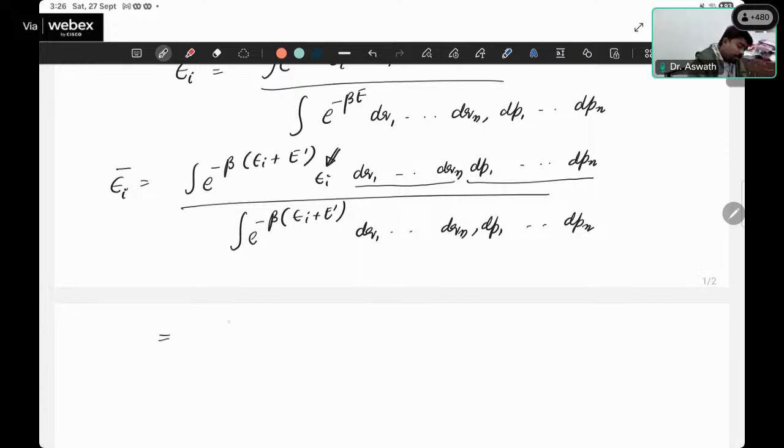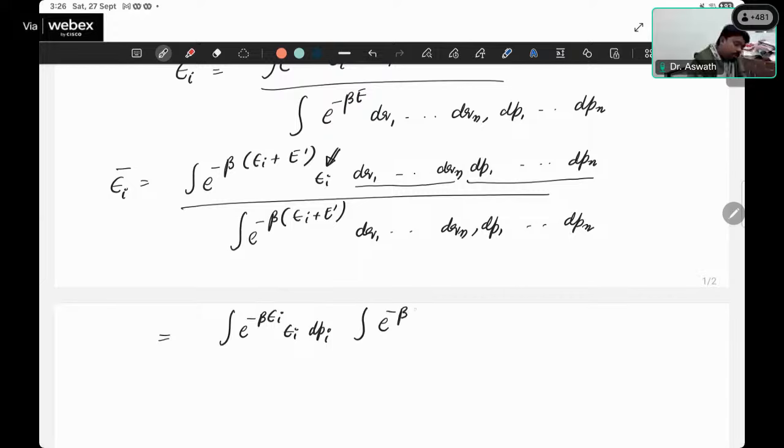Let's separate exponential of minus beta E_i. E_i depends only on p_i, it doesn't depend on anything else, so I can just put it outside.